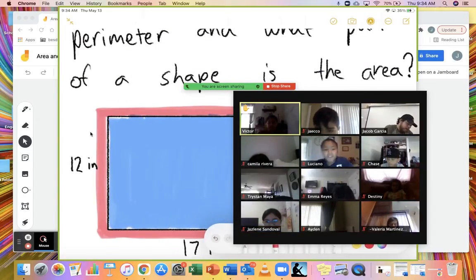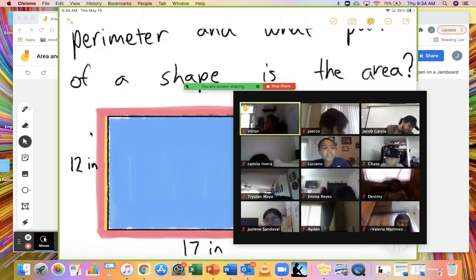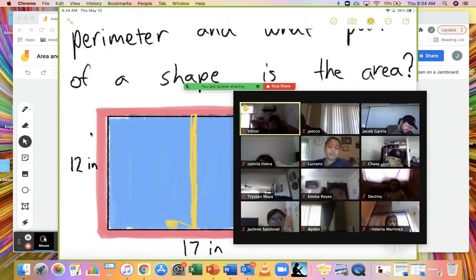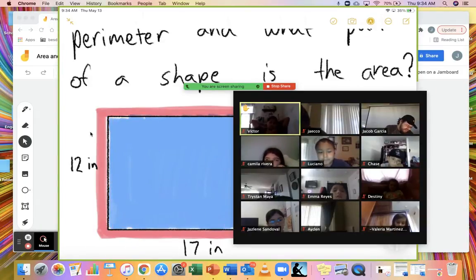Okay, I agree. Because when we're looking, let me go ahead and show you, everybody. I'll use this yellow right here. I'm going to make a little piece like that just so it's easy to grab with this tool. If we take a look using our yellow and we drag it from one side to the other, they are the same. The two sides are the same length. That's how rectangles work.